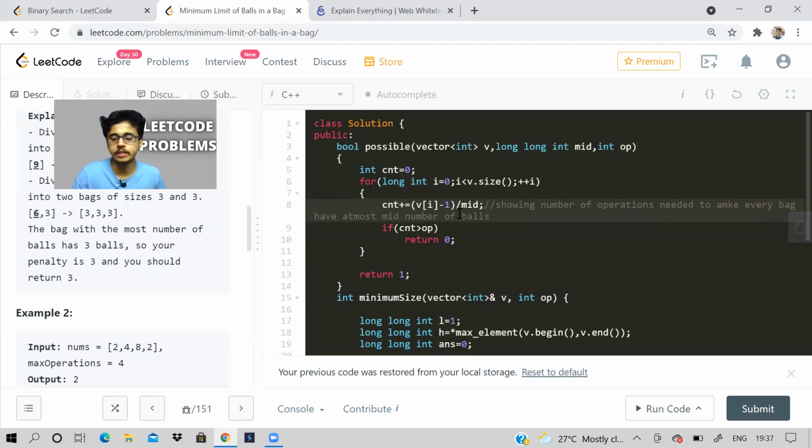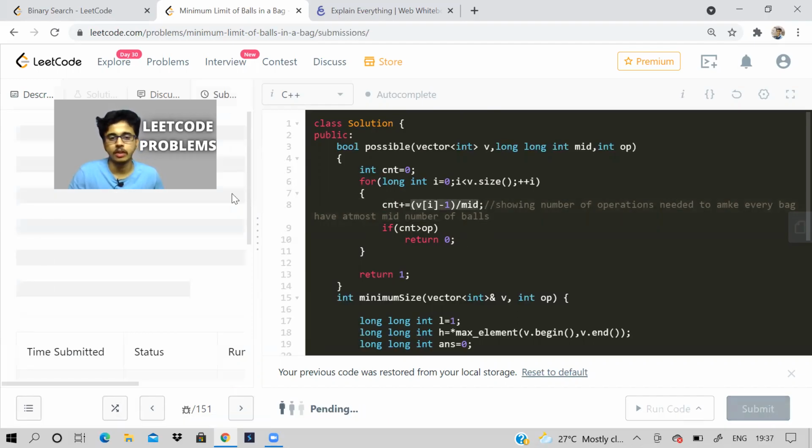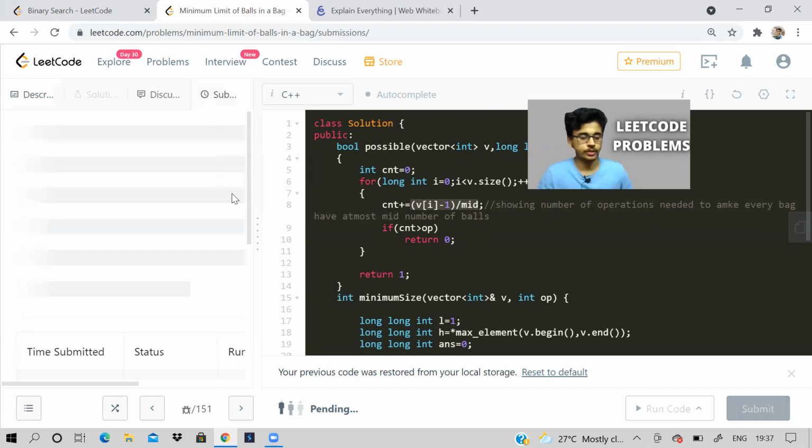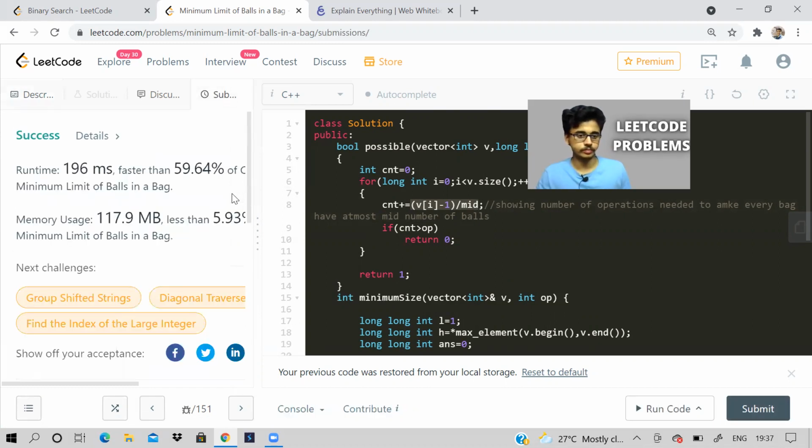So that is what this is showing, this much. So if you want me to run and submit, I'll show that to you. So we're getting it accepted.